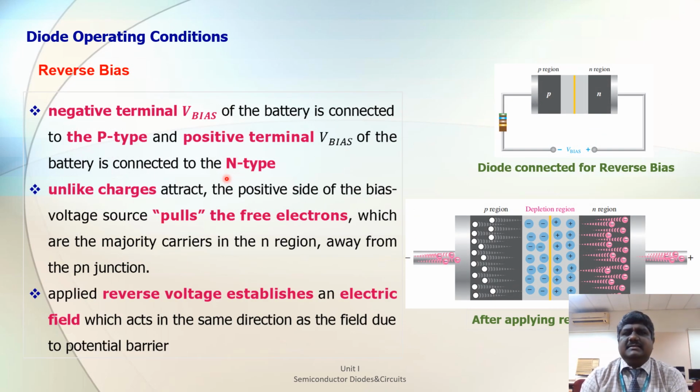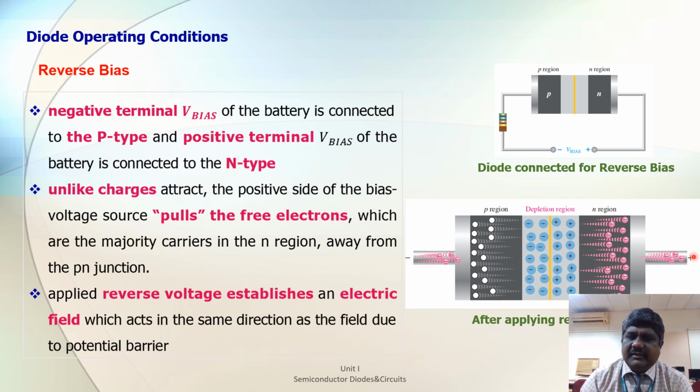In reverse bias, it is the opposite of what we explained: the depletion layer is broadened, because the positive is connected to the N region and the negative to the P region.